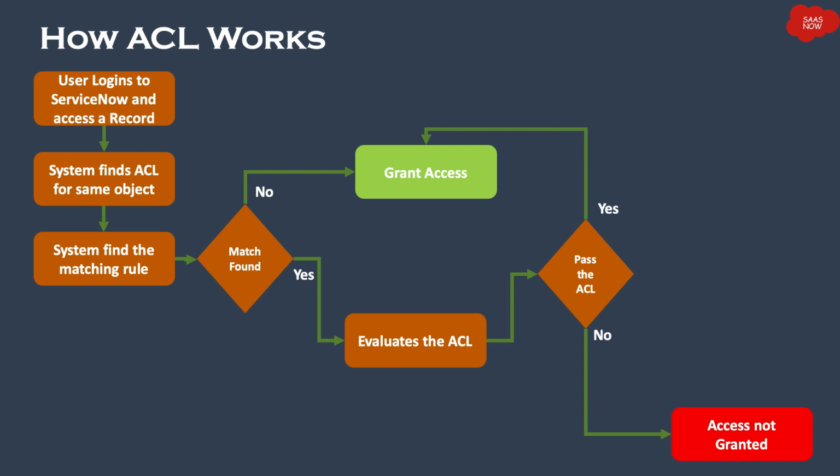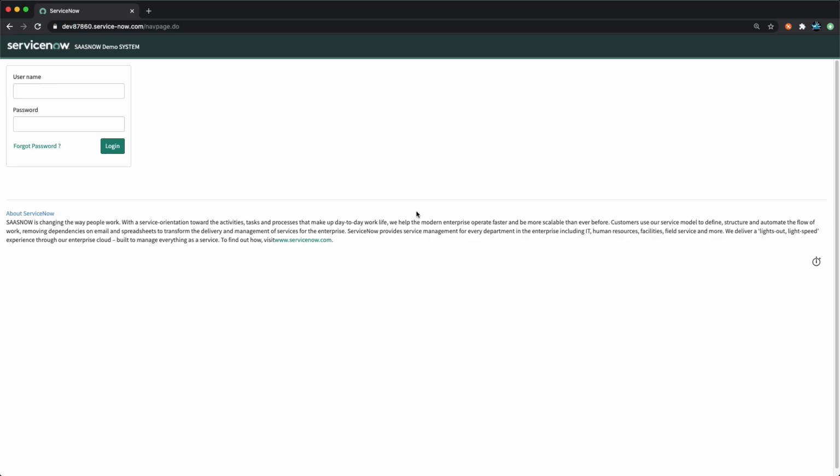Now let me take you to my personal developer instance, and I will try to create some records and show you how ACL works. I will show you the ACL module as well. This is my personal developer instance. As I mentioned earlier, the first level of security in ServiceNow is login.